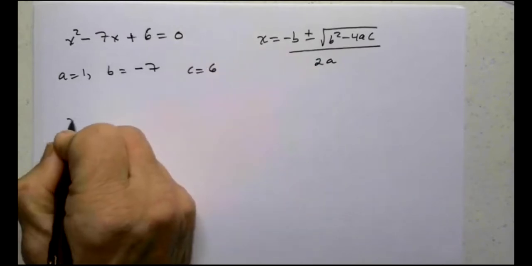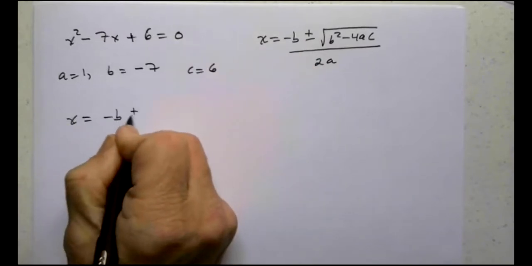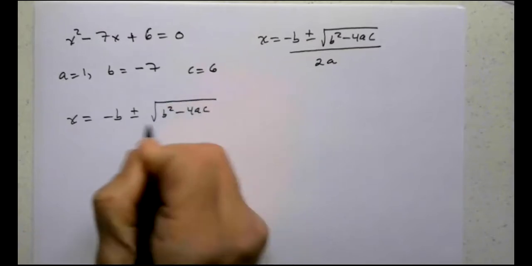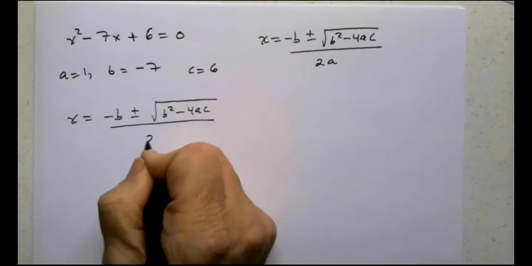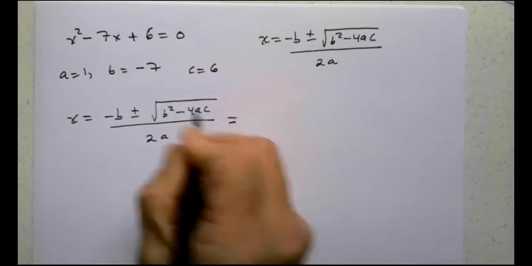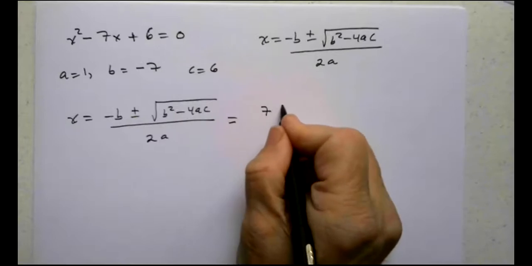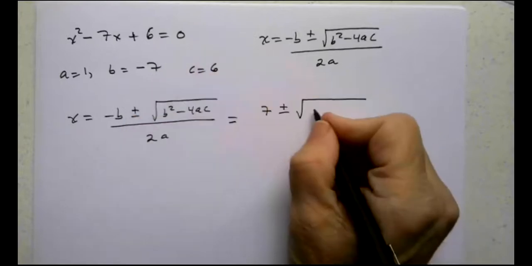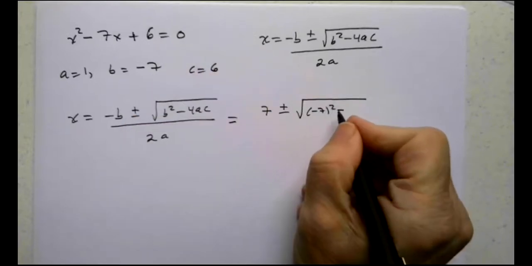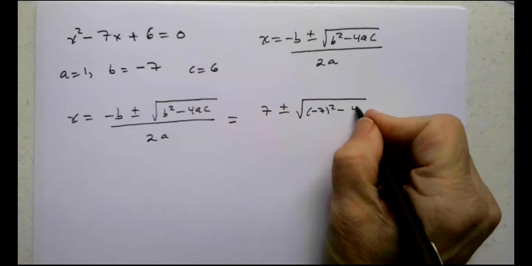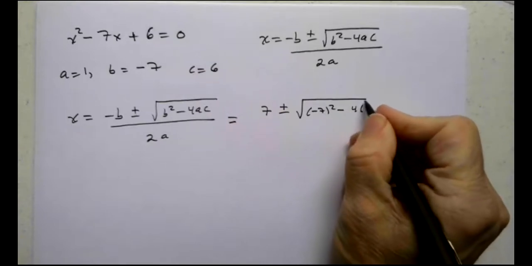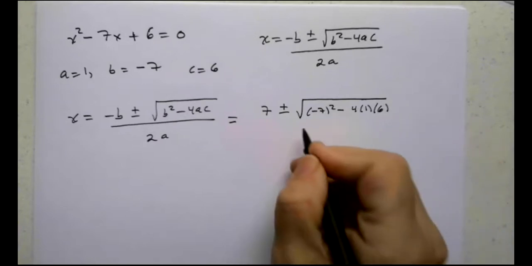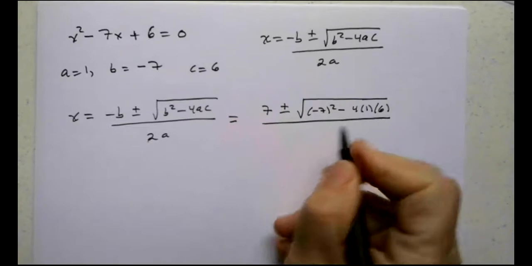So plugging that in again, x equals negative b plus or minus the square root of b squared minus 4ac all over 2a. We get negative b, which is the negative of negative 7 or positive 7, plus or minus the square root of b squared would be negative 7 squared minus 4ac, 4 times 1 times 6, all divided by 2a, all divided by 2 times 1.